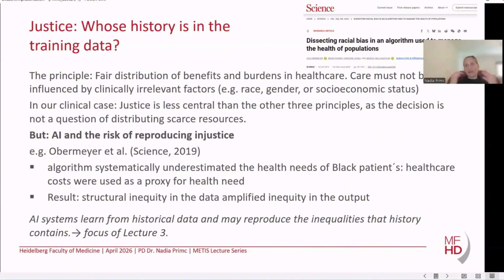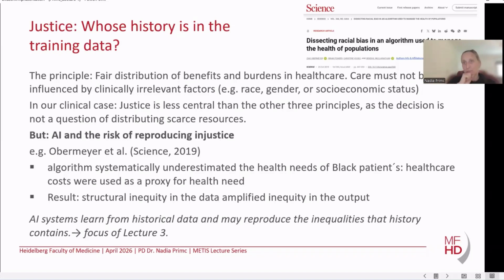At the level of the healthcare system, the principle of justice requires that limited resources are distributed on criteria that are defensible and consistent, as for example in the case of the allocation of donor organs. And at the level of society, the principle of justice requires that healthcare does not systematically disadvantage groups that are already marginalized.